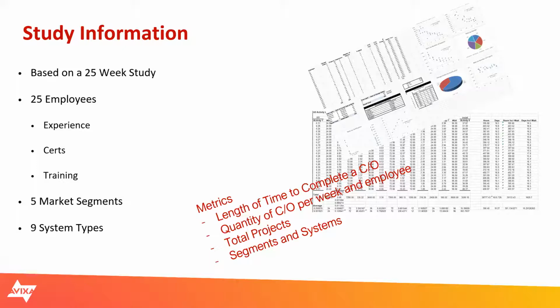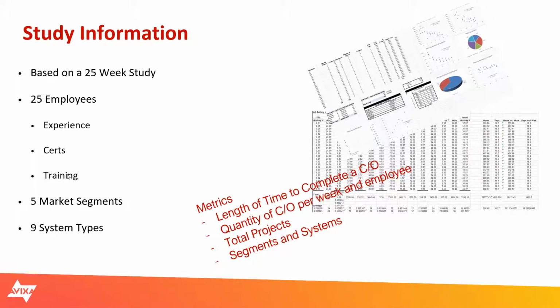You want to tailor the data gathering to the project, not to the outcomes that you want, but towards the data that you're going to need to make a decision on what to improve. So here we did 25 weeks of study, and we also watched, observed and gathered information on 25 employees, whether they had certifications in education or not, whether they are continuing training.